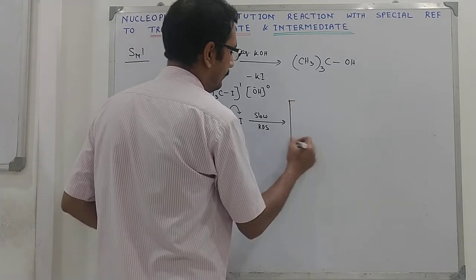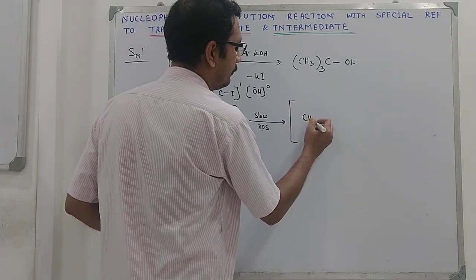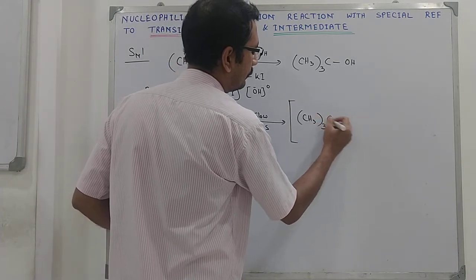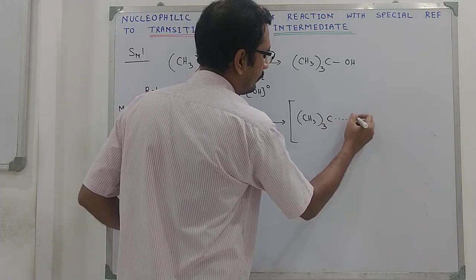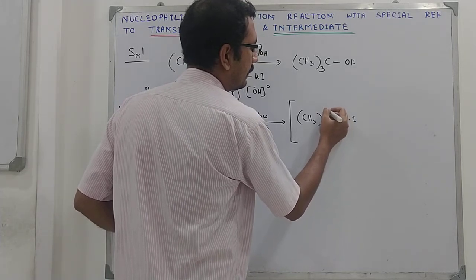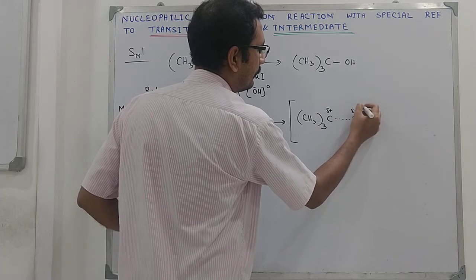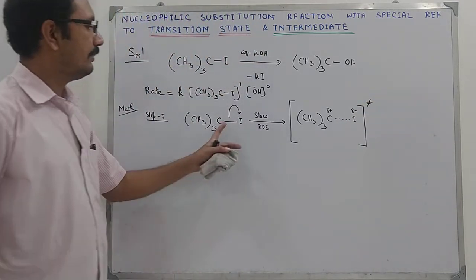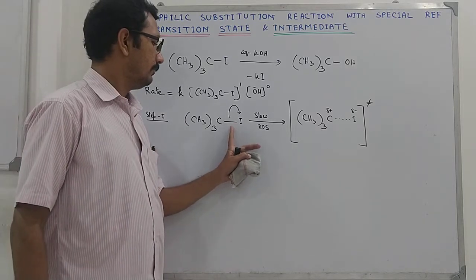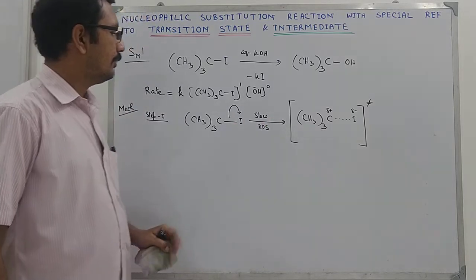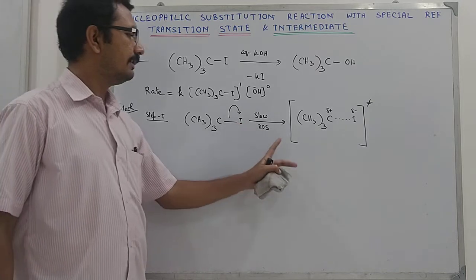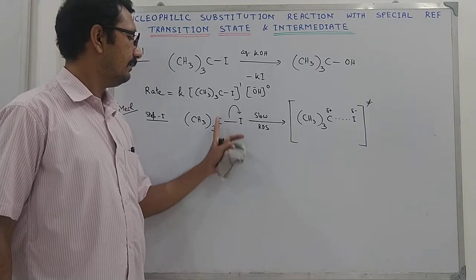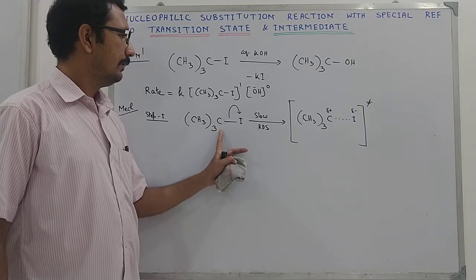Now it will obviously pass through a transition state. See, the bond is breaking, so after the completion of this step it will be I minus, and here we will have a 3 degree carbocation.